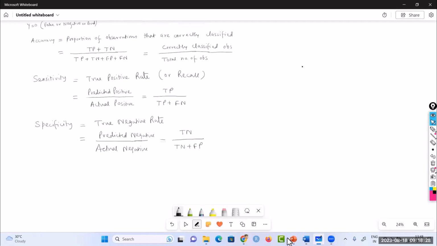Now coming to precision. Precision is known as positive predictive value.